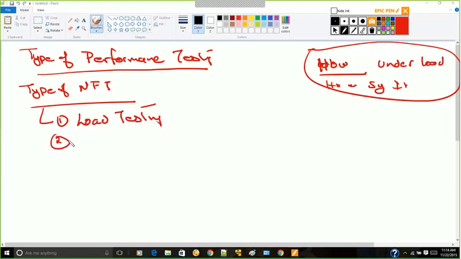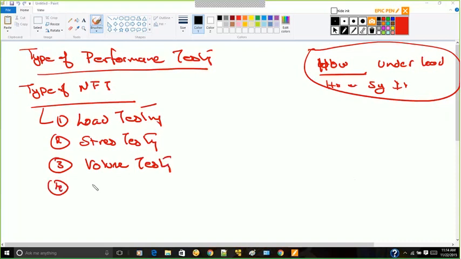Second type is stress testing. Third is volume testing. Fourth is capacity testing.